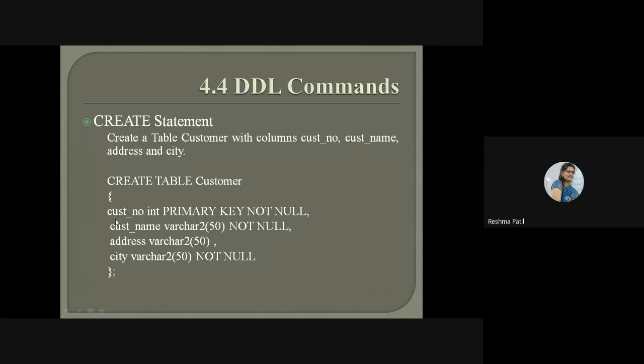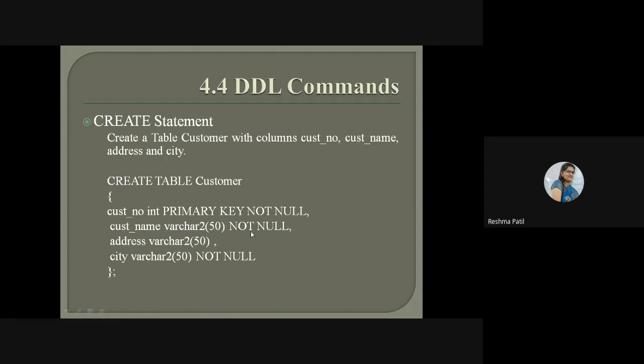When your first attribute is complete, then we have to write here a comma. Go to the next line. Cust underscore name, customer name, space varchar2. This size you can decide, whether we have to write 50, meaning what could be the maximum name for a customer, that number we have to specify here. Here I have taken 50, space not null.